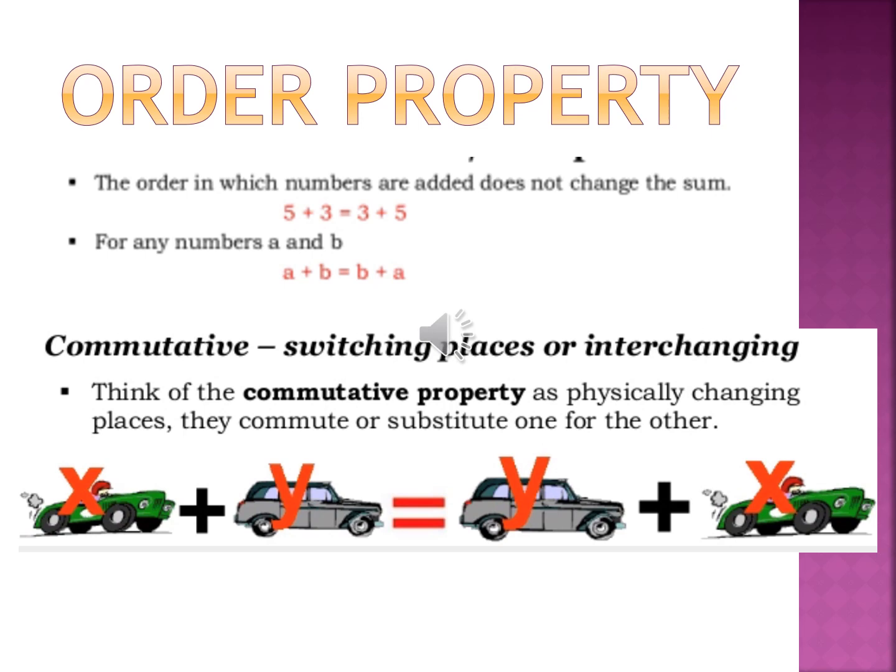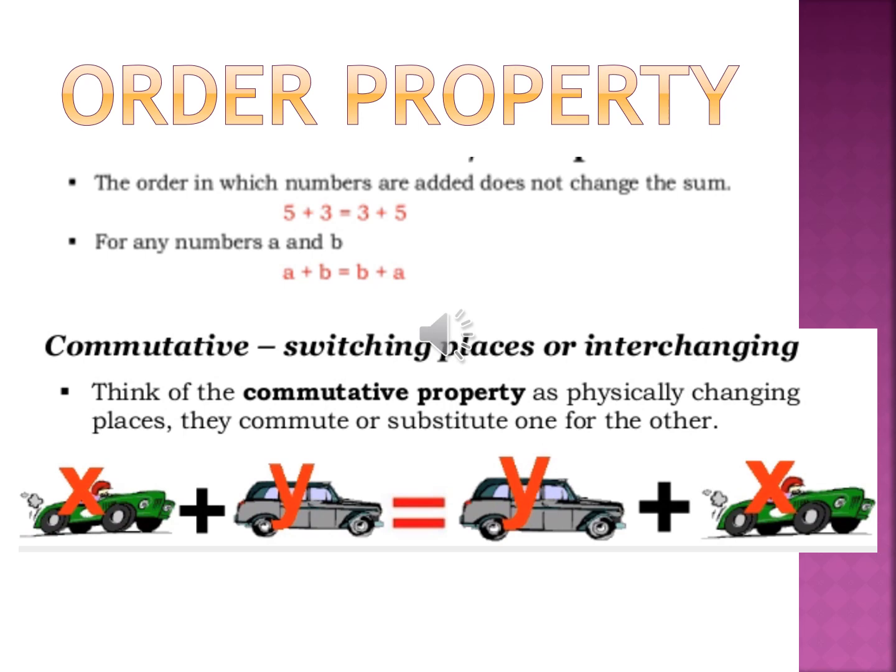But 3 plus 5 is again 8. So we can say that 5 plus 3 is equal to 3 plus 5. So the order property says that the order in which the numbers are added does not change the sum. The sum remains the same.